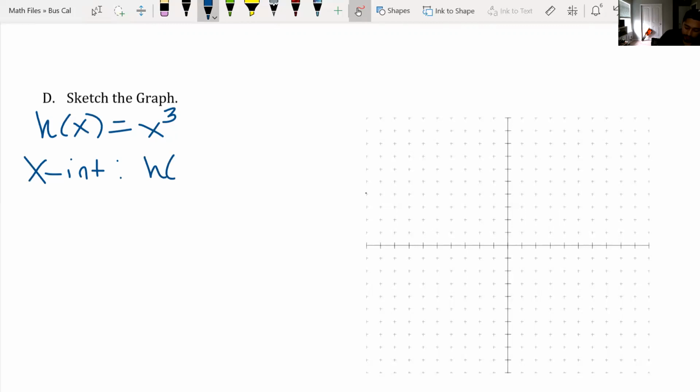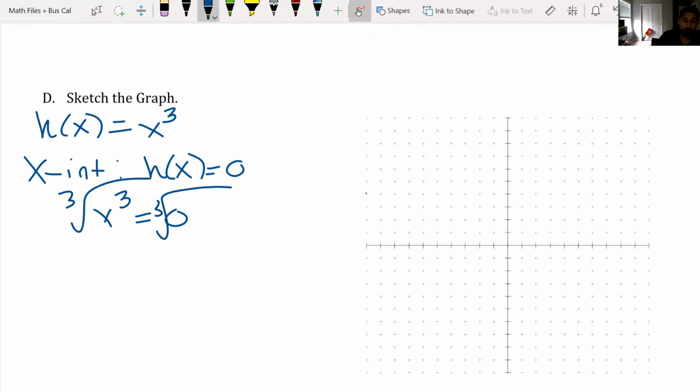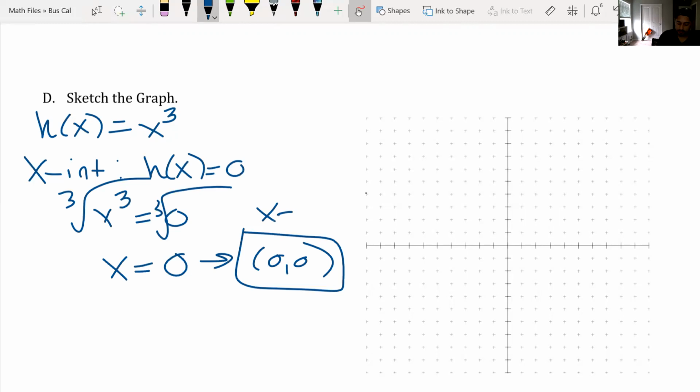X-intercepts means you let h of x equal 0. So this means x cubed equals 0. And then I cube root both sides, and I get x equals 0. 0, 0. There's my x-intercept.